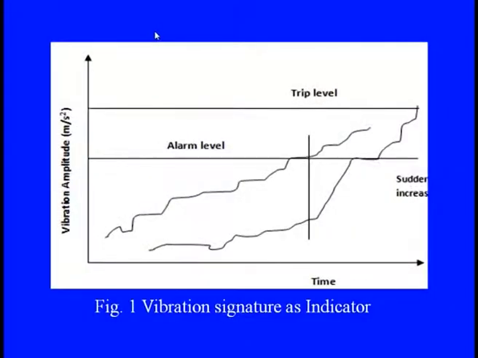If you see this diagram, it is clearly showing the vibration amplitude in terms of acceleration, when the masses are in motion and the acceleration is coming, plotted against time.